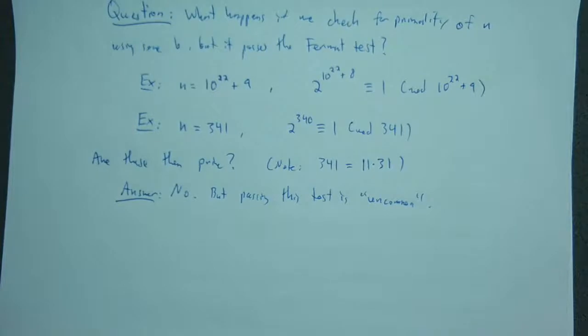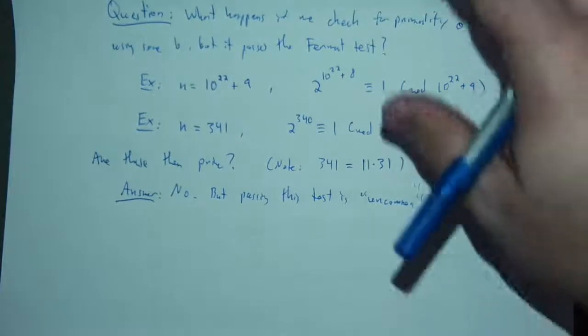That's a good point. But the thing is, what if it passes more than one? So what if it passes the test for b equals 2, passes the test for b equals 3, passes the test for b equals 5, and so on, right?